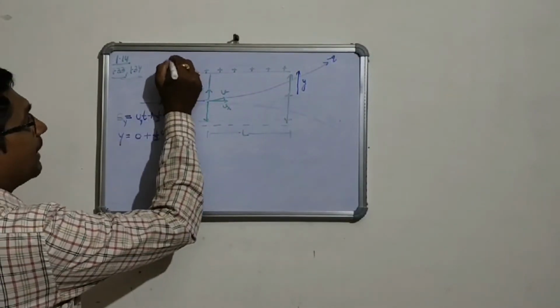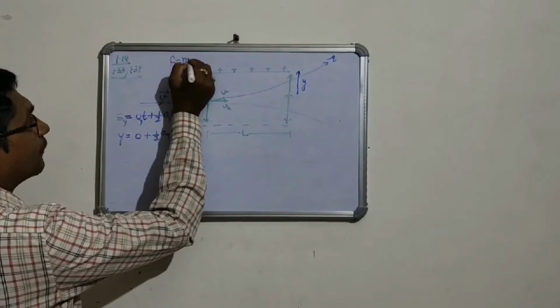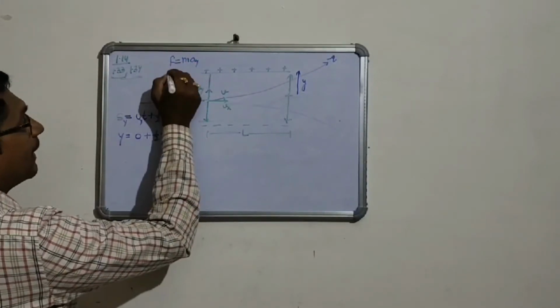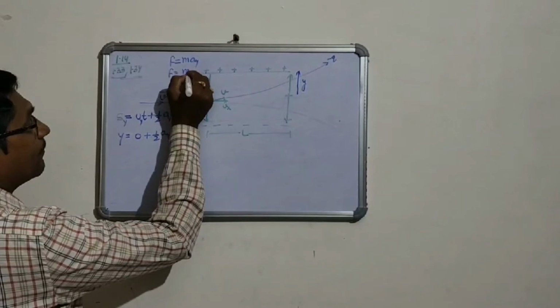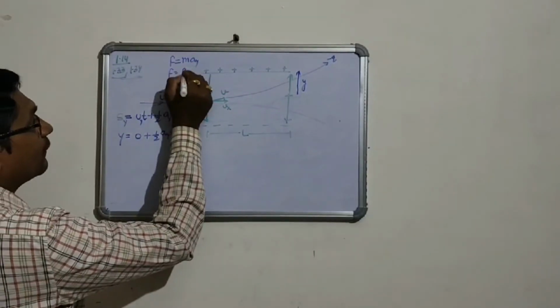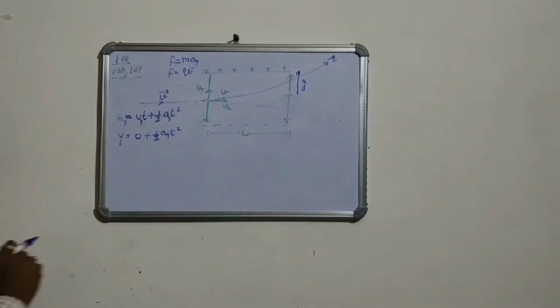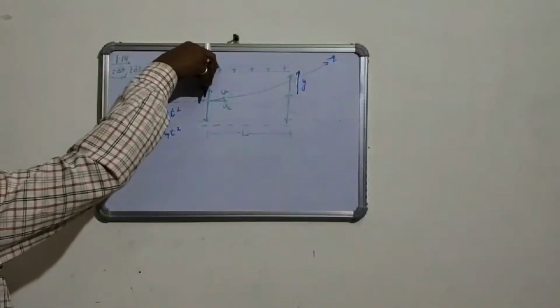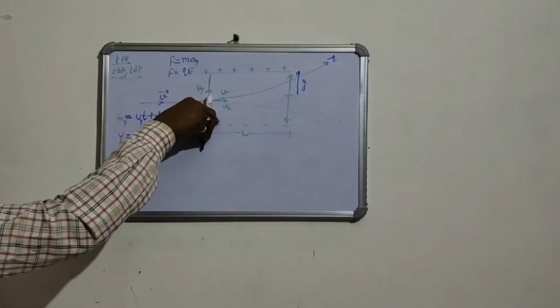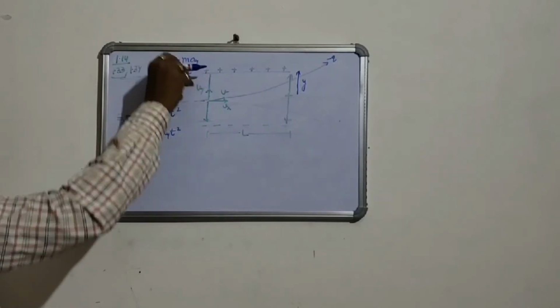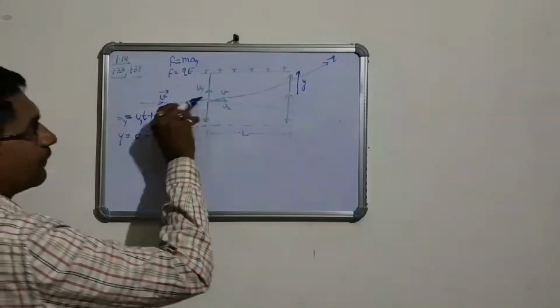Here F equals mass times Ay, and F equals QE. The electrical force is QE, acting in the y direction. The electric force acts in the direction opposite to the field, according to the motion of the charged particle.